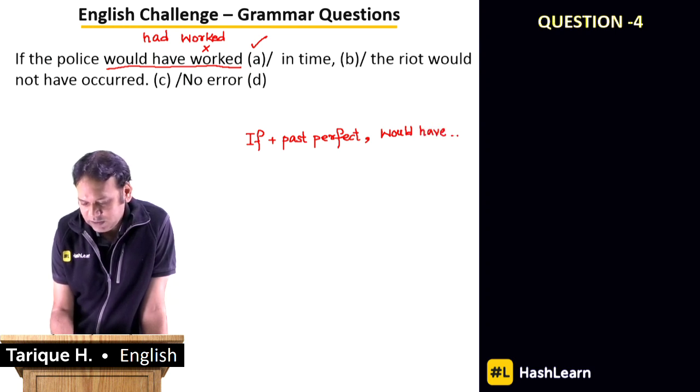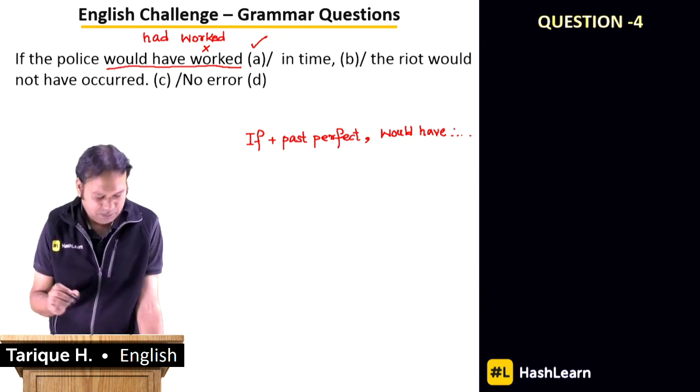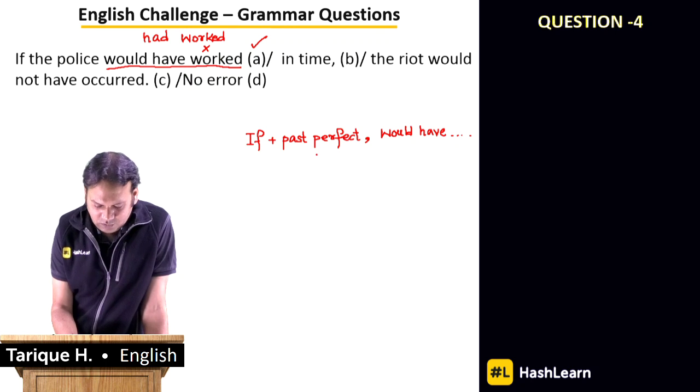The second part of the sentence will contain would have, and the first part will contain past perfect. How do we know that something is in past perfect? It will be had followed by the past participle of the verb.